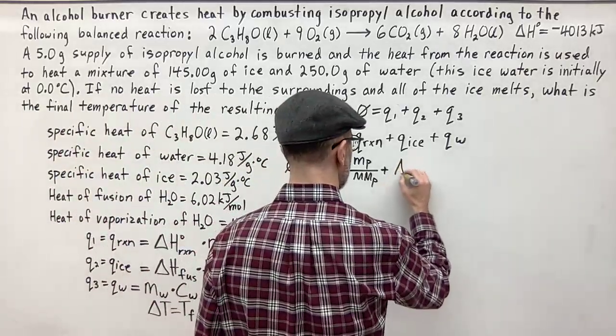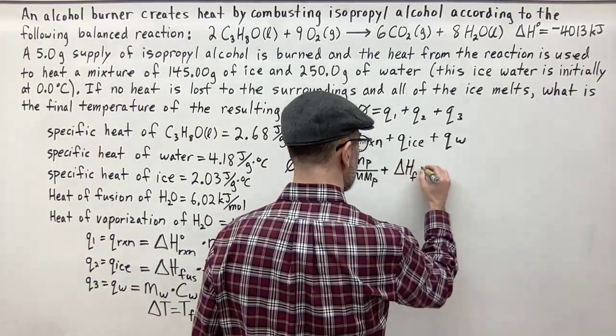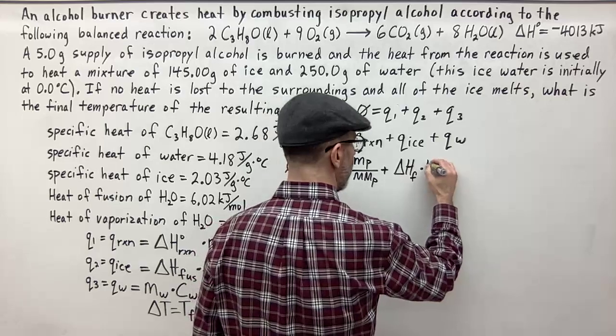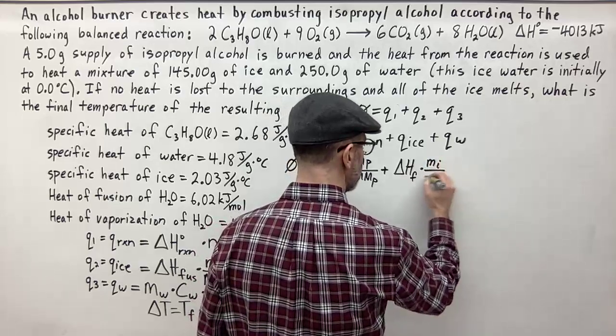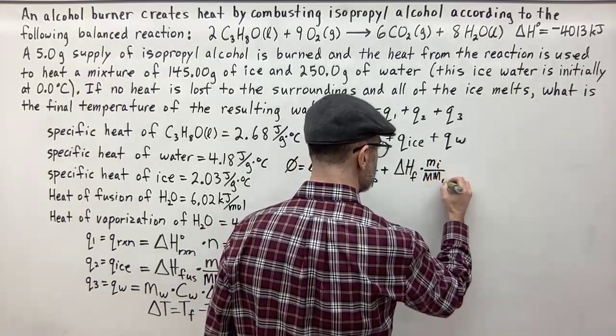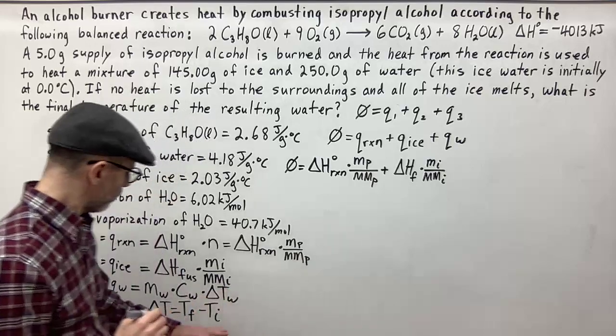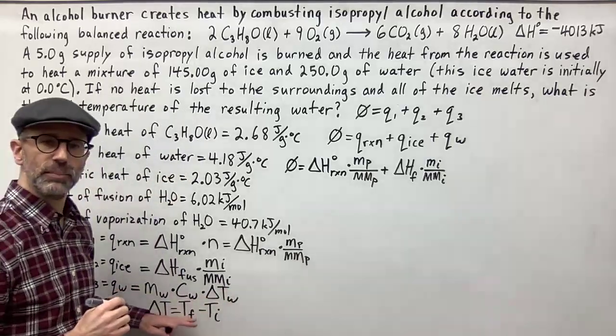So it's going to be the heat of fusion multiplied by the same thing, the mass of the ice divided by the molar mass of the ice, plus Q equals MCΔT.